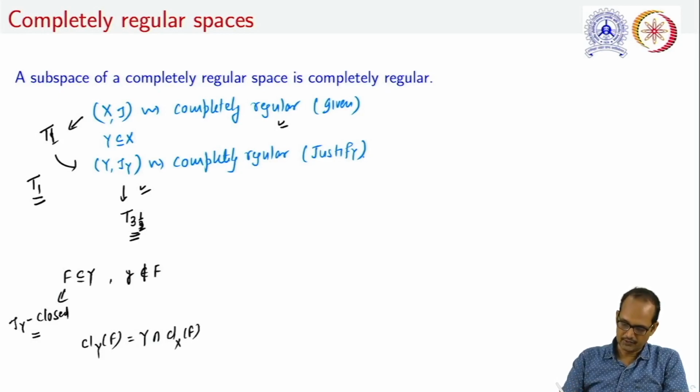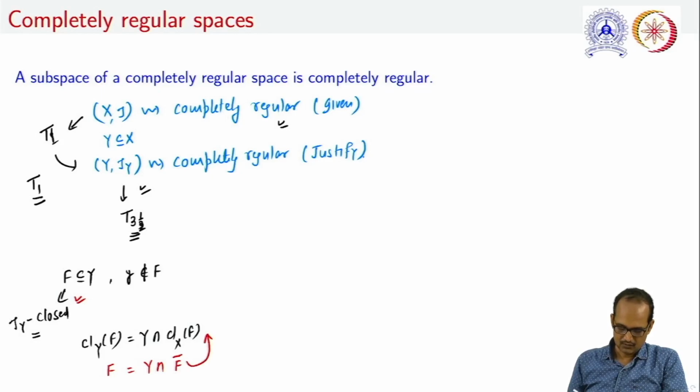Also as we are saying that this F is tau_Y closed, this will be precisely F, and this is equal to Y intersection closure of F. Note that this closure of F is the closure of this set F but with respect to topology tau. Now what we have with us, this closure of F is a subset of X. It is to be noted that this is closed.